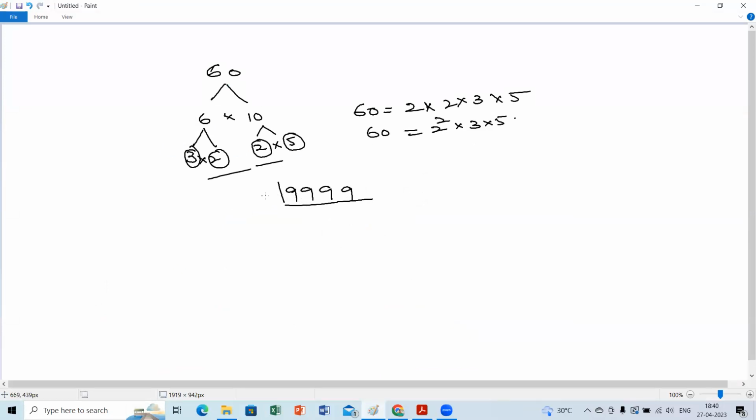Can I take the 3 table? Yes or no? Yes, ma'am. Shall I take once again the 3 table? Yes. Shall I take the 11 table?